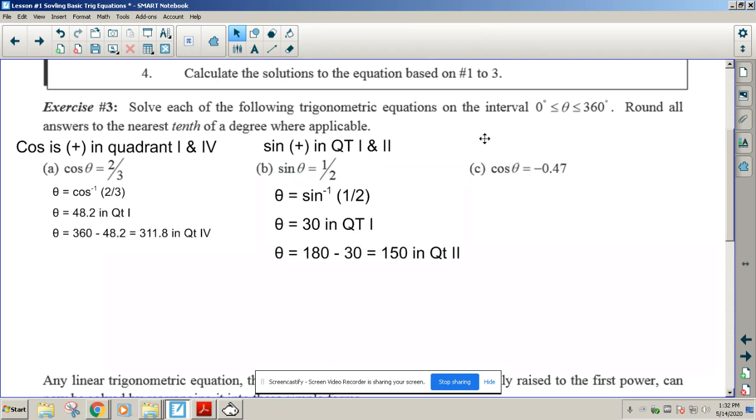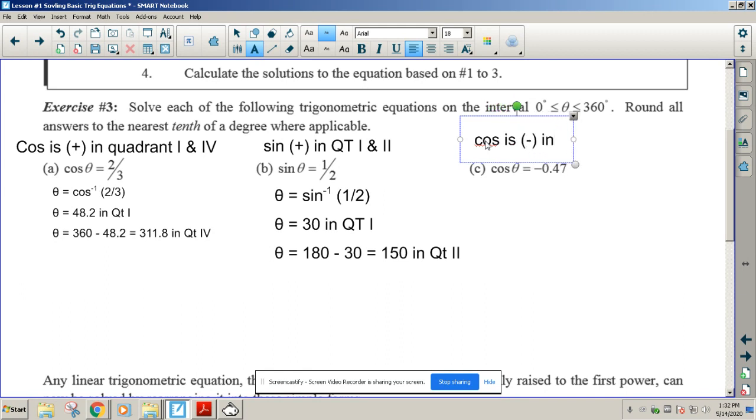Cosine here now is negative. Well, now we want to say that cosine is negative in quadrants 2 and 3. So I am going to find my reference angle by the arc cosine.